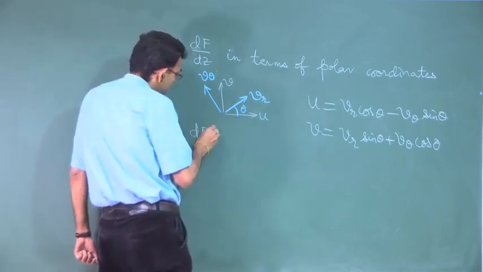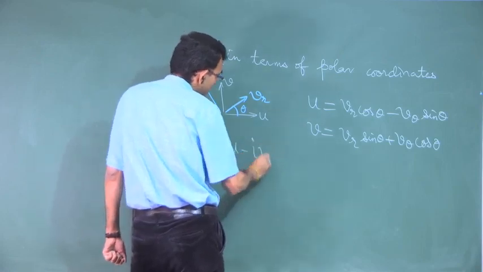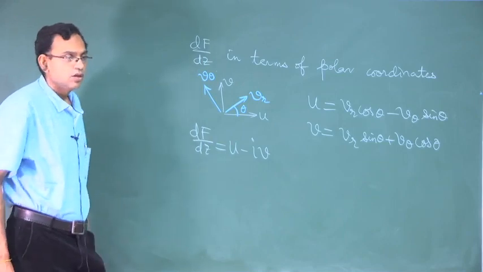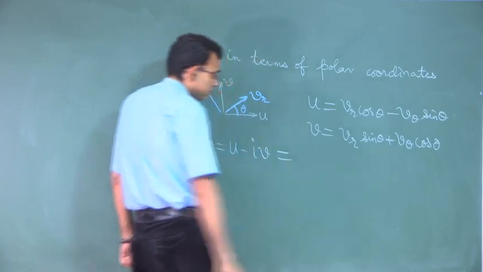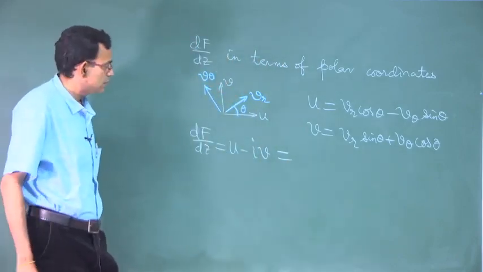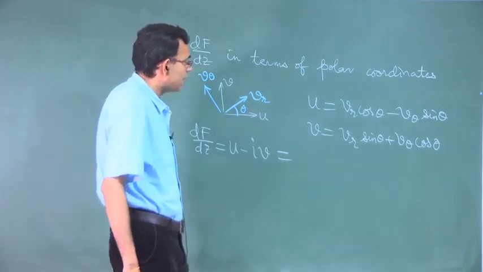So, recall that dF/dz is u minus iv, which we wanted to write in terms of Vr and V theta.